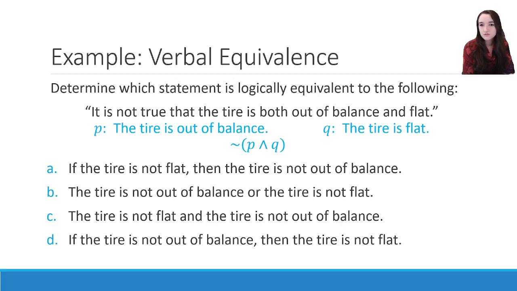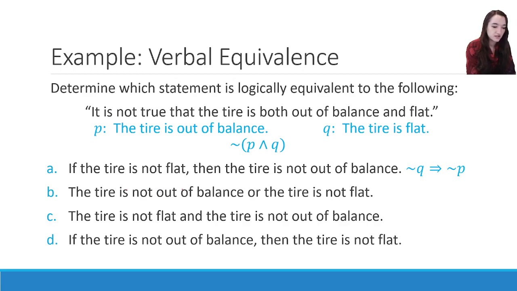We're not going to be able to know which answer is right until we make their truth tables, though. So we have if the tire is not flat, then the tire is out of balance. So not flat would be negation of Q, not out of balance will be negation of P. And then this is an if-then statement, so we put our arrow between them, like so.